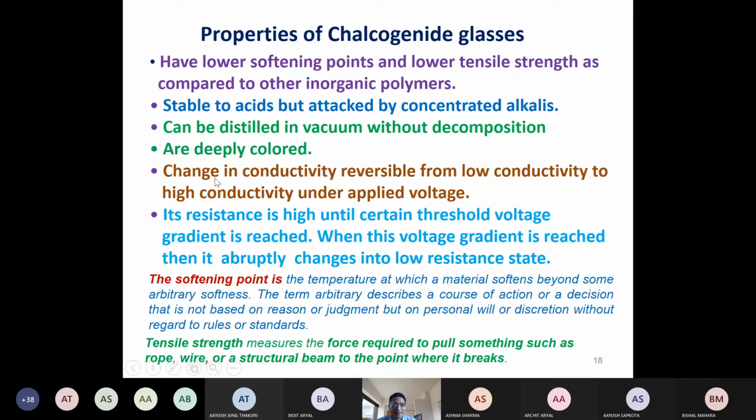They change in conductivity reversibly from low to high under applied voltage. When you apply voltage, the conductivity will change, and this change is reversible. Their resistance is high until a certain threshold voltage gradient is reached. When this voltage gradient is reached, it abruptly changes to low resistance.